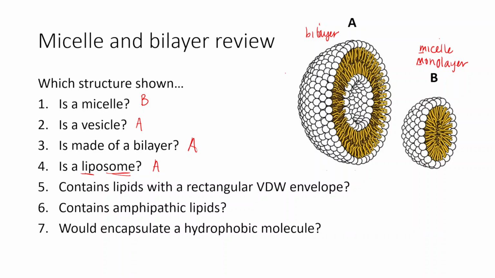Which one contains lipids that have a rectangular van der Waals envelope? Yeah. A. So this is rectangular. I would also argue that it's more of a cylinder because it's in 3D, right? They're not just flat.